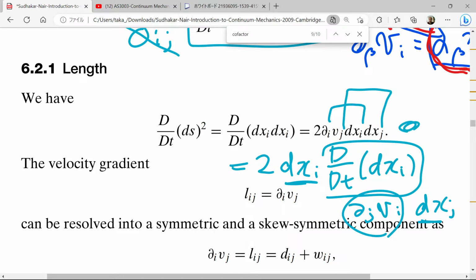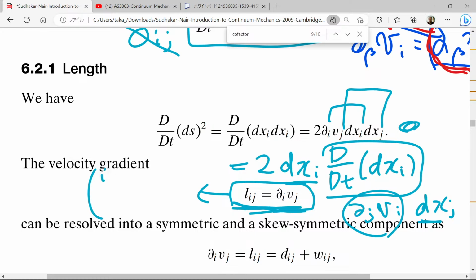The velocity gradient. Velocity gradient. This is more like a definition. Velocity gradient can be decomposed into a symmetric and skew symmetric component as. So this one you can view as matrix or tensor.